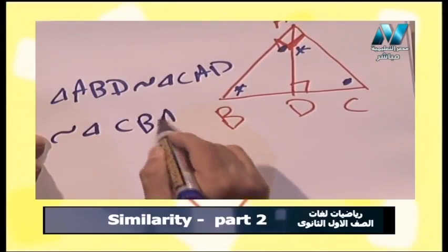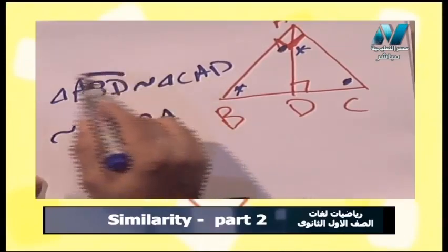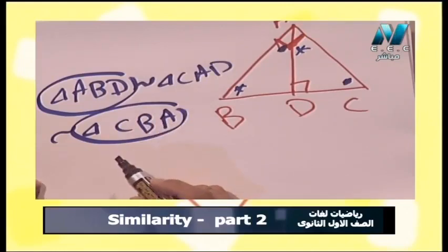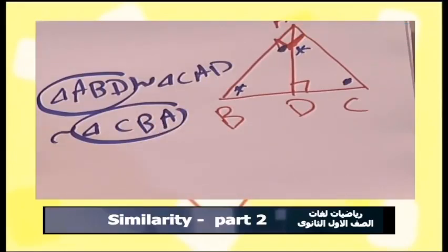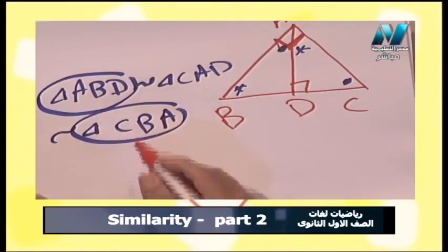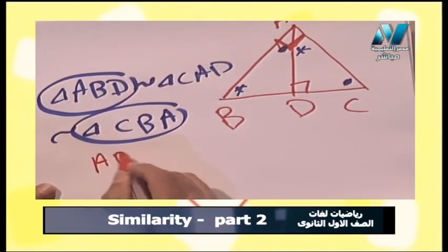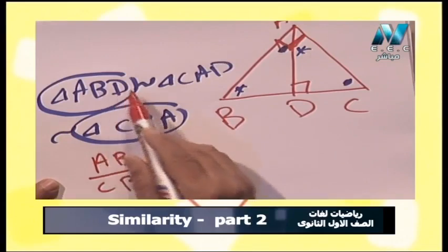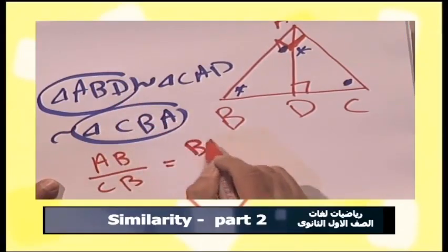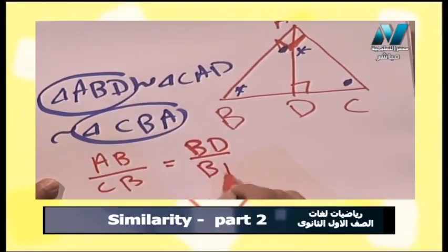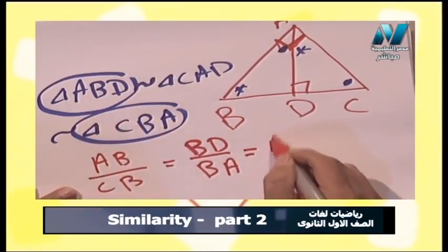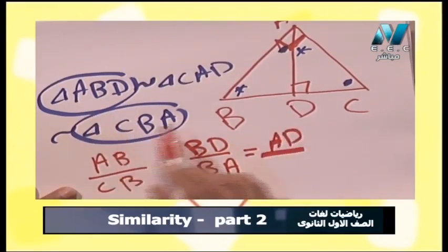Try to connect this triangle with the original one. We will find that if we divide AB by CB, it equals BD over BA, which equals AD over CA.